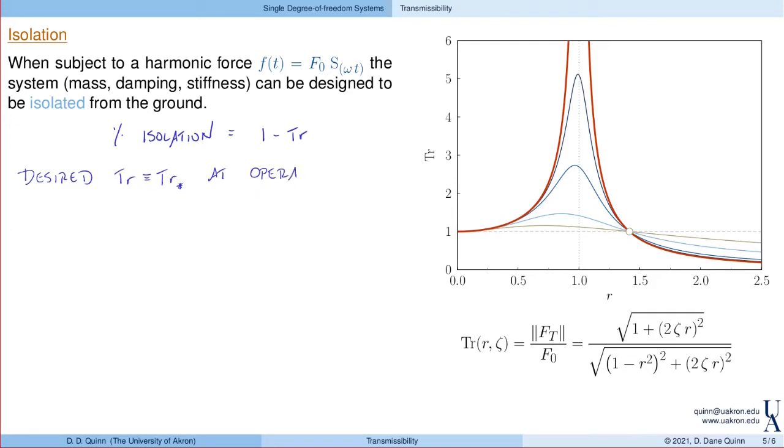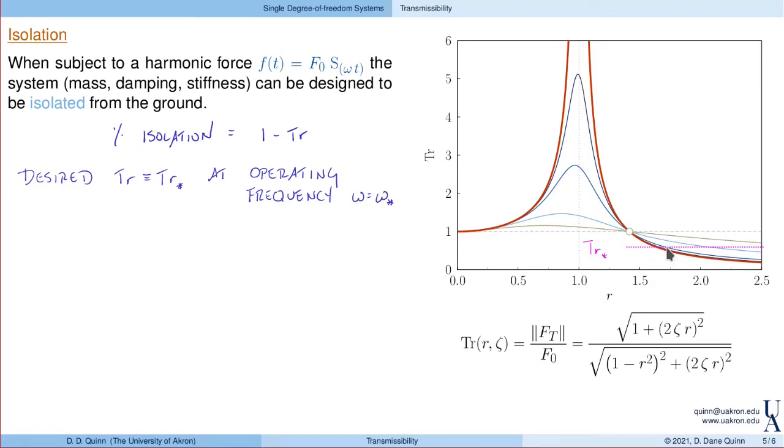So if we have a system being operated at a certain frequency, and let's say that is omega equals omega star, then I'd like to design the structure so that we obtain a specific transmissibility. In terms of our transmissibility plot, this design goal implies that the transmissibility lies at some specific value, which we have defined as TR star.